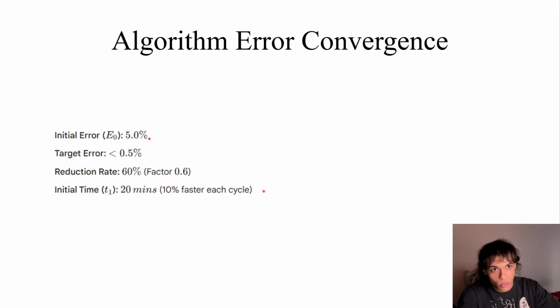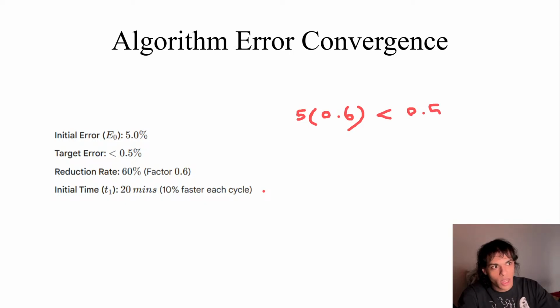So we know the initial value, and we know the target, and we know the factor we're decreasing by, right? So we know that the initial is 5%, and we're going down by 0.6, but we don't know how many times we are going to go down until we reach a value that needs to be less than 0.5.